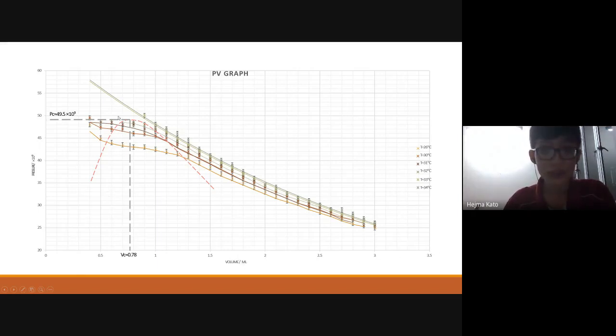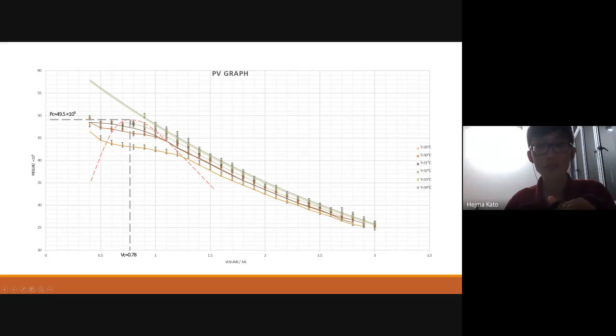For temperatures of 33 and 34, there is no constant pressure, but below that, the pressure stays mostly constant at a certain volume. If we trace a line for the constant volume, we can see a region here.